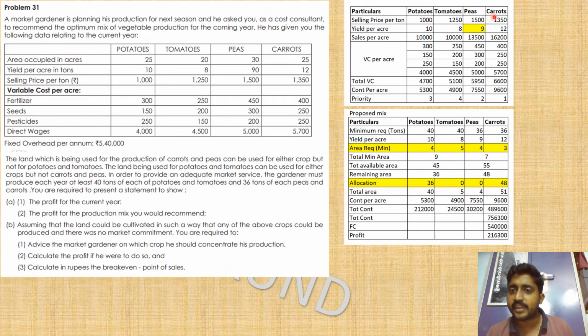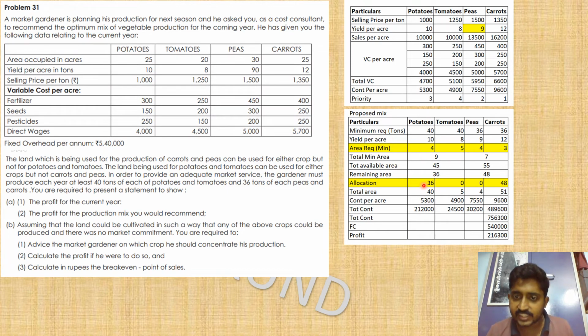Same way, out of peas and carrot, carrot has the highest contribution per acre, so I am allocating the balance 48 acres to carrot. Now you can total both the yellow highlighted rows: minimum area plus further allocation.